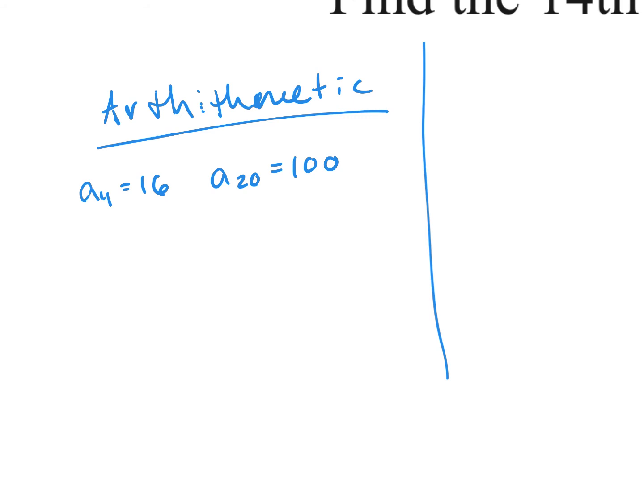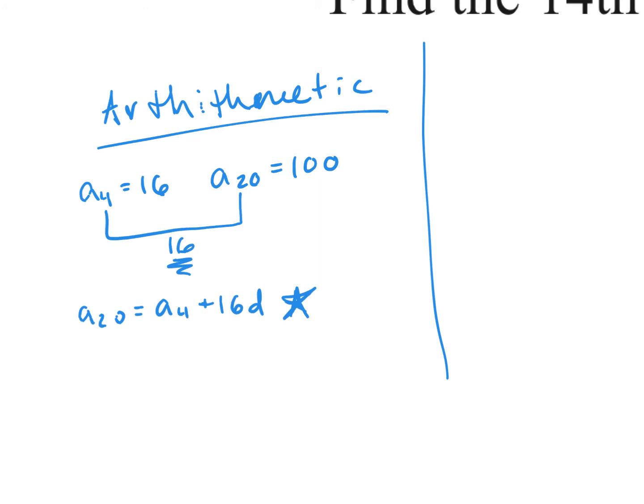And then we had to find how many terms are in between these two, so 16 terms. And then we took the one that was farther from 0, so a sub 20 is equal to a sub 4 plus 16 times d, which was our common difference. We're doing that same thing for geometric, but just this formula is different because our geometric formula is different.